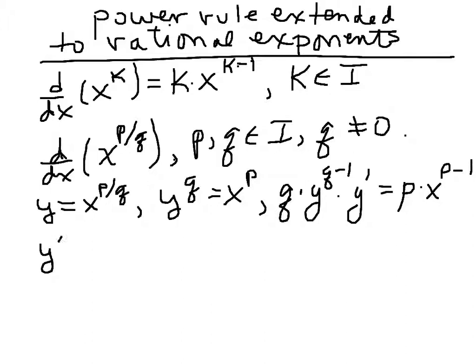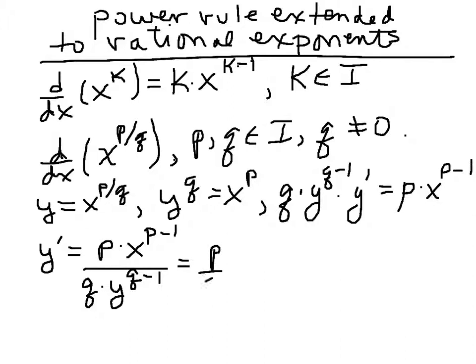So therefore y prime is equal to p times x to the p minus 1 over q times y to the q minus 1. But remember now that y is equal to x to the p over q. So I'll make that substitution.